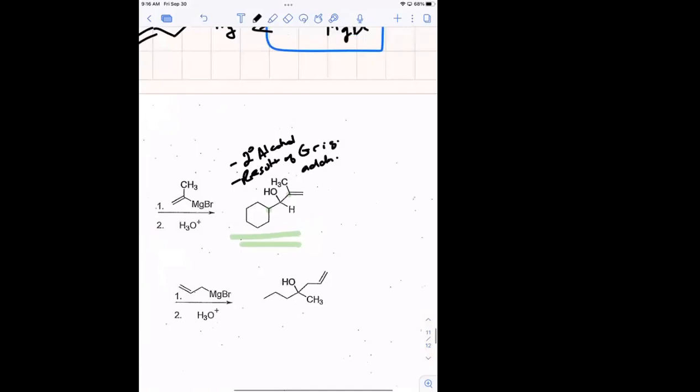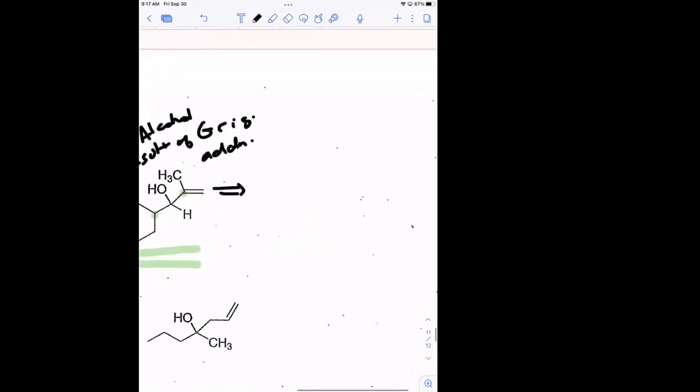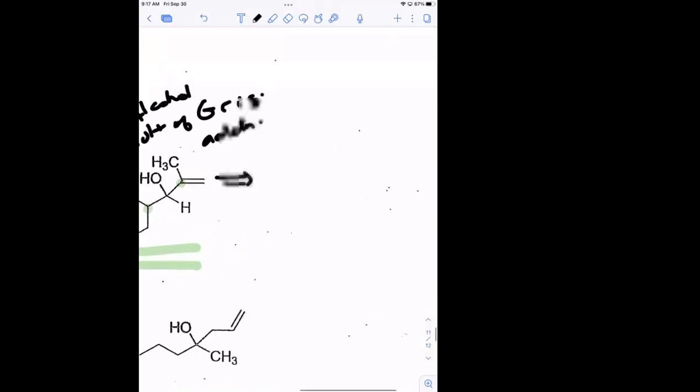What do we do first to figure out which aldehyde we started with? Anybody? You remove the hydrogen. That's the first step in the process of the retrosynthesis of a Grignard carbonyl addition, right?